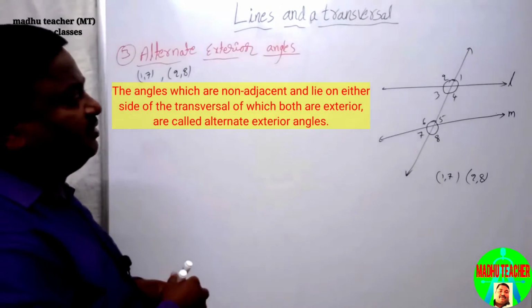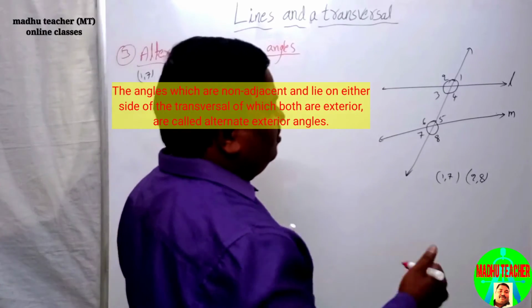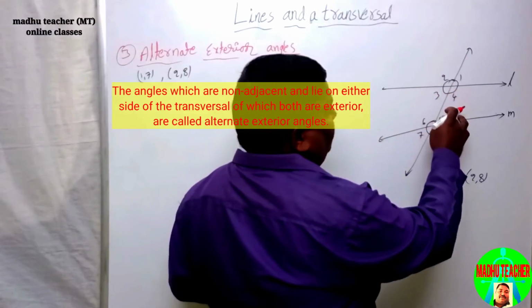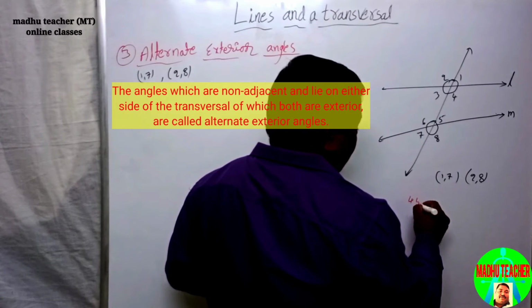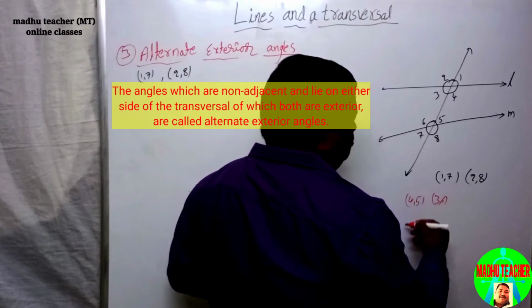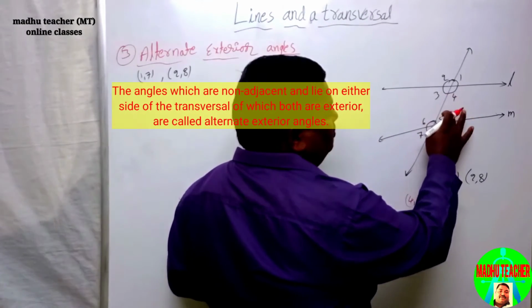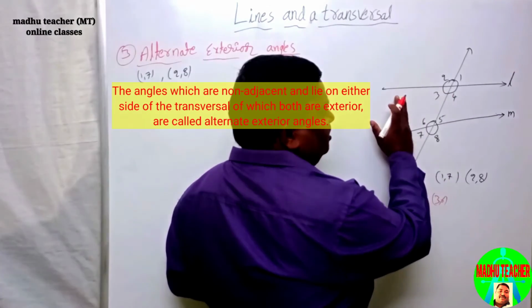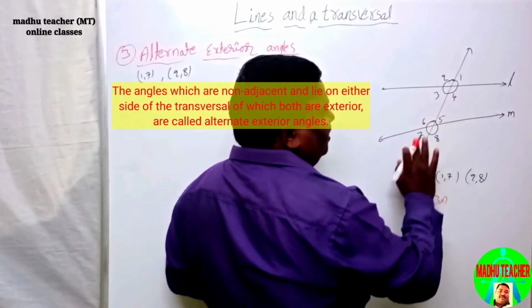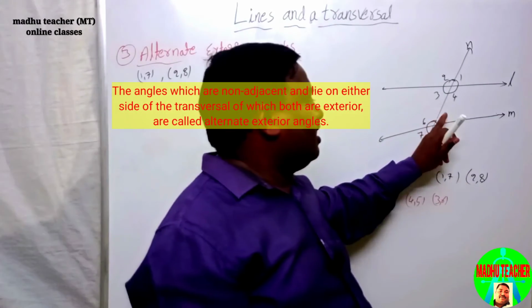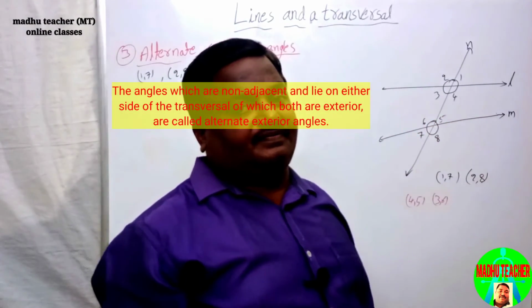Next, let us see one more type. See 4 and 5, and 3 and 6. Angles 4 and 5 lie on the same side of the transversal and both are interior.